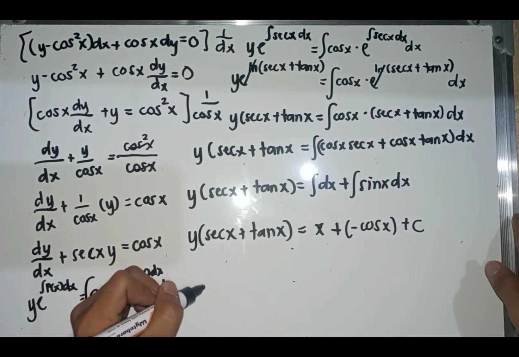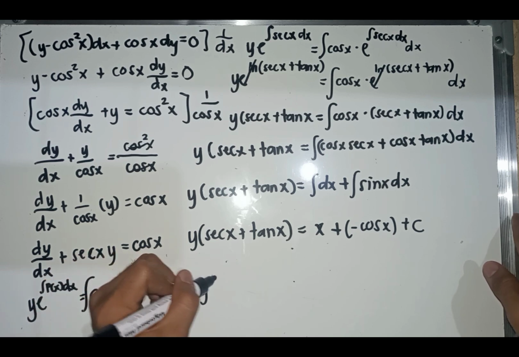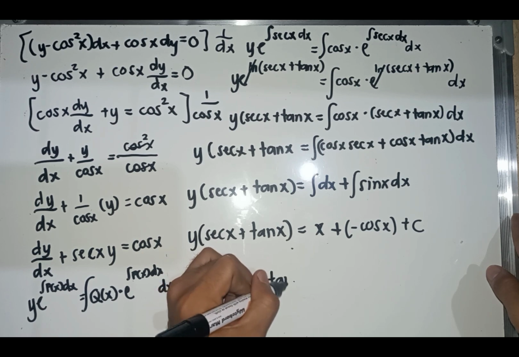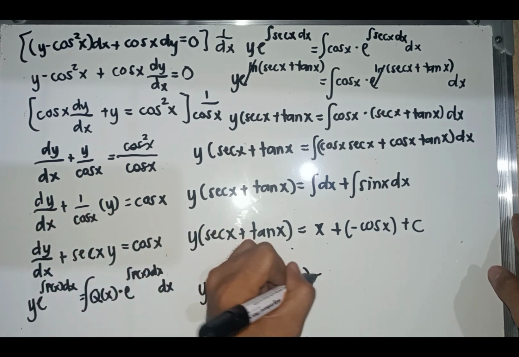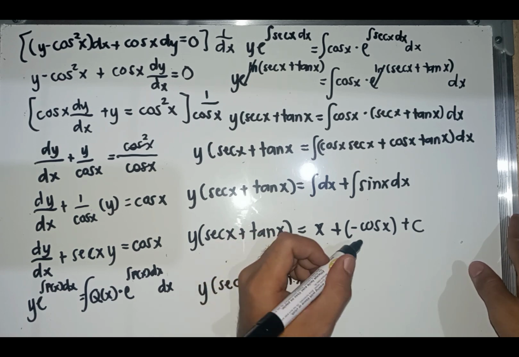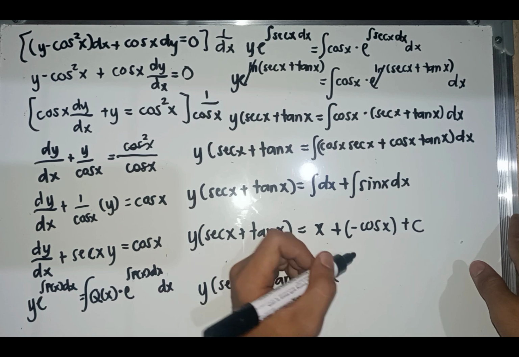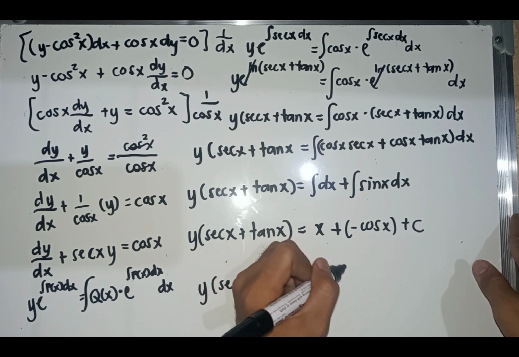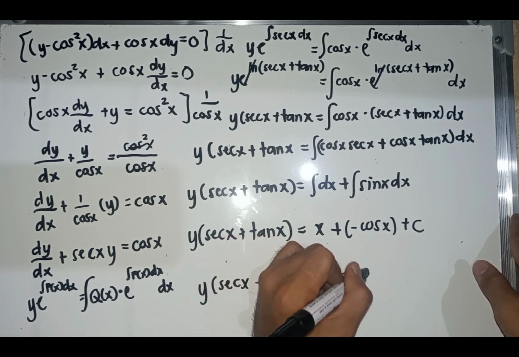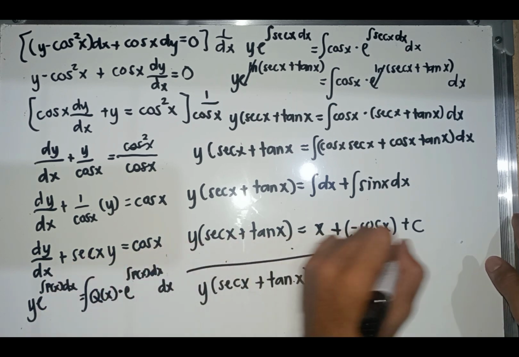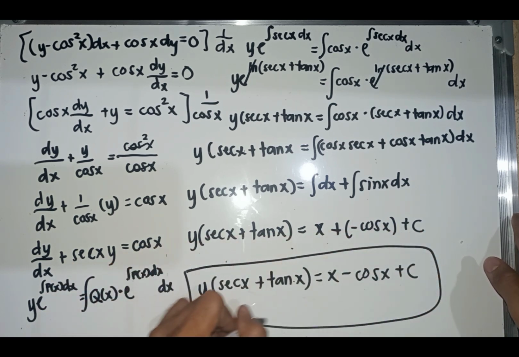So y times secant of x plus tangent of x is equal to x minus cosine of x plus c. So this will be our general or final answer.